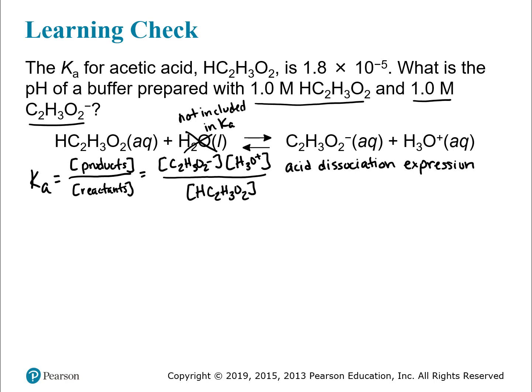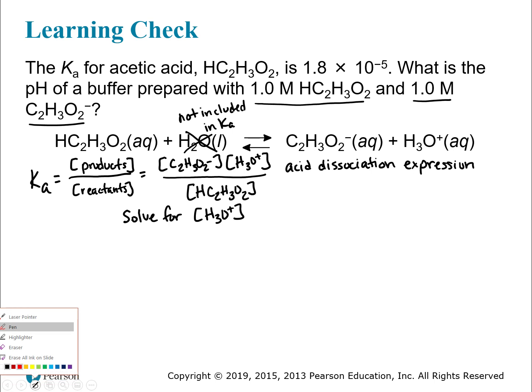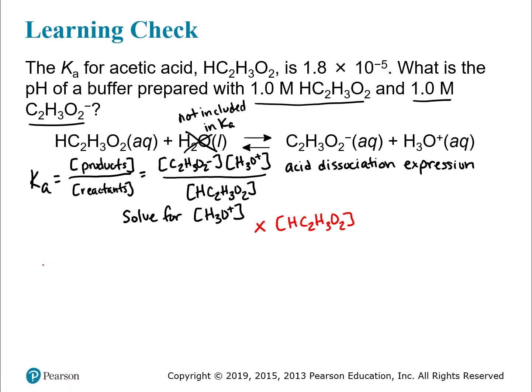Now what we have to do is solve for the concentration of hydronium. The first thing we're going to do is multiply both sides by the concentration of the acid. And that will get it out of the denominator.